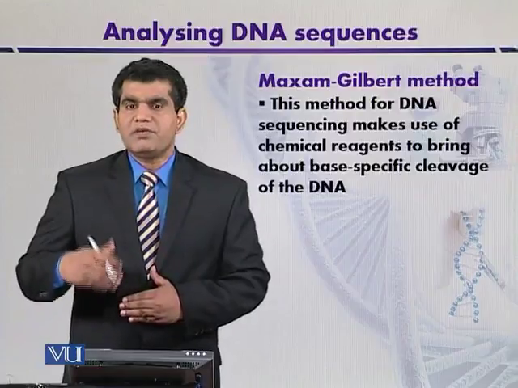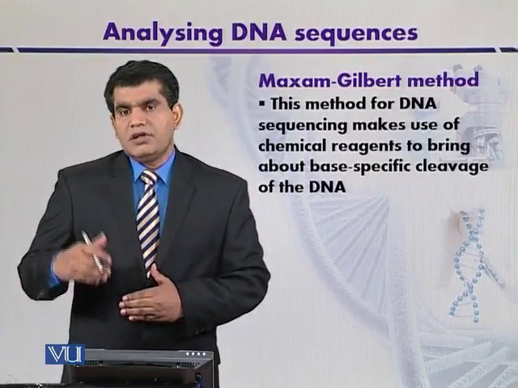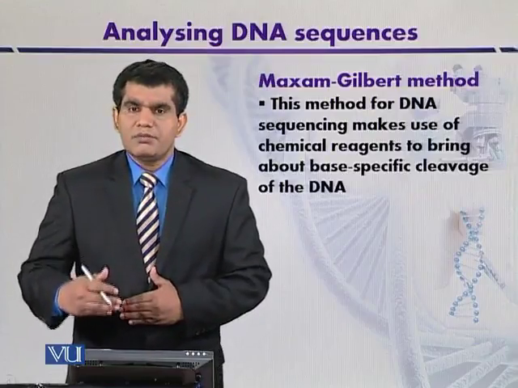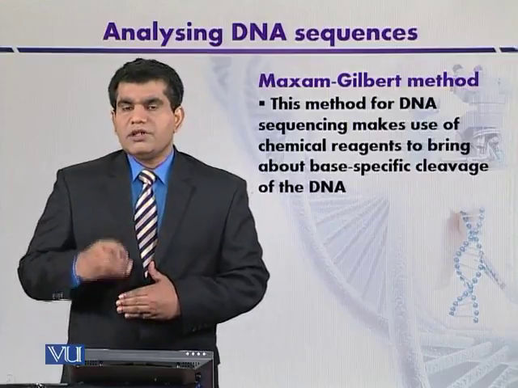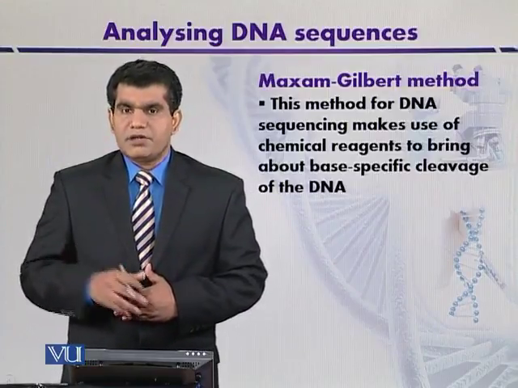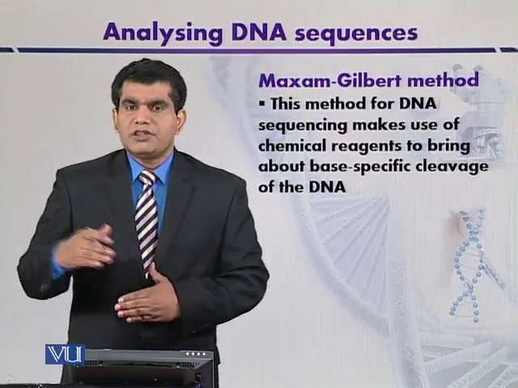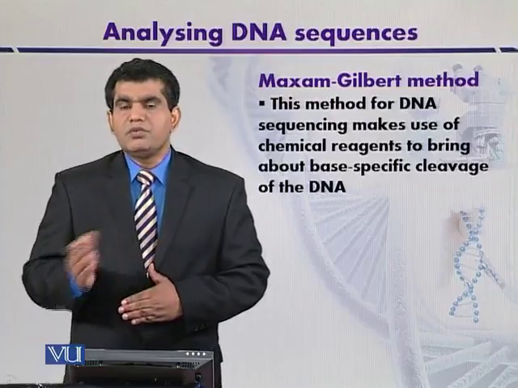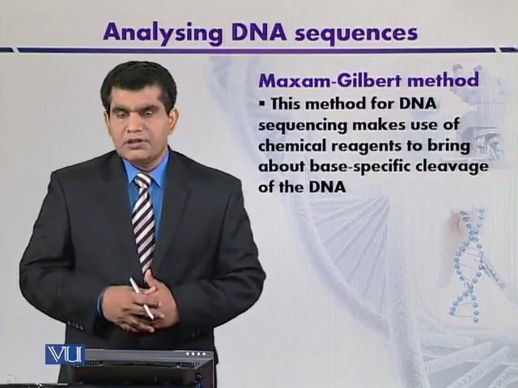So we may have different types of reaction mixture for different bases, so that when we use labeled DNA fragments, the elongation is carried out for a limited period of time, because whenever a modified base is inserted, the elongation is stopped, and then 1 or 2 cleavages are introduced per DNA fragment.